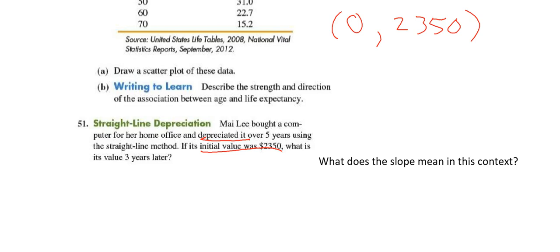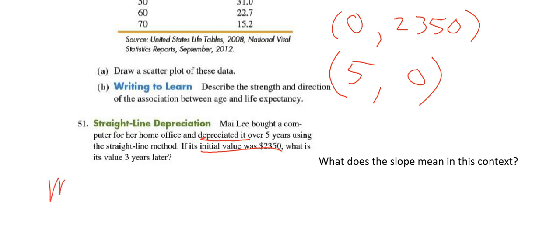You might still have the computer, it might still be doing a good job for you, and you can use it forever, but you can say that it's worth $0. You're writing off value on your taxes. So after 5 years, what's the cost of the computer? It's worth nothing. Okay, that should be enough information to get a linear function out of it, right?